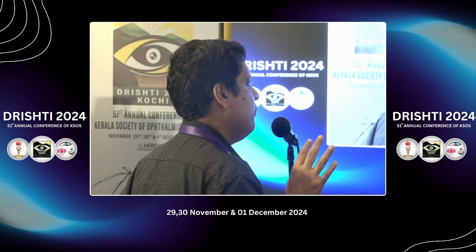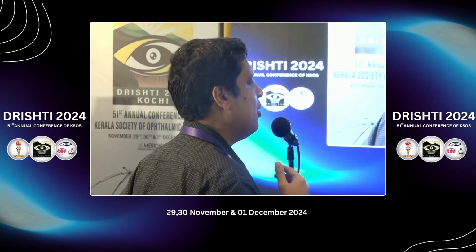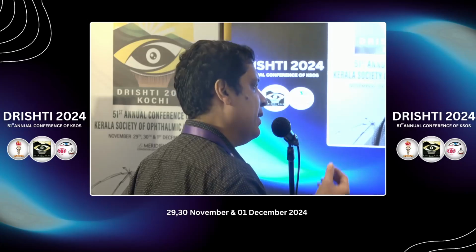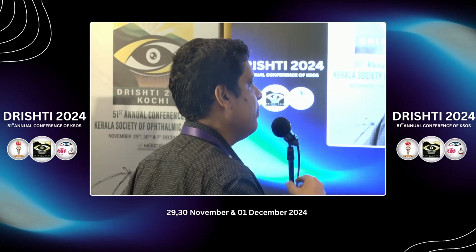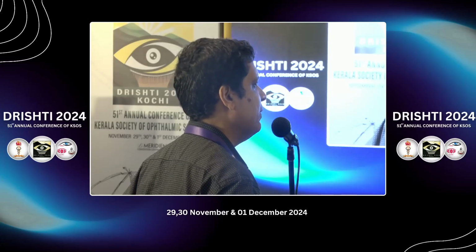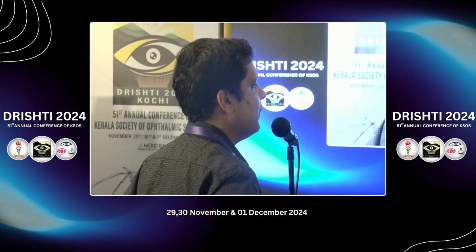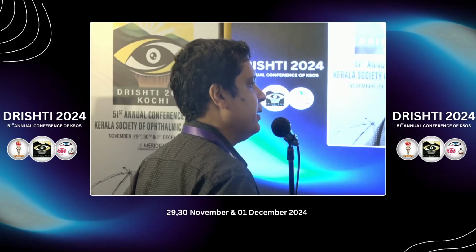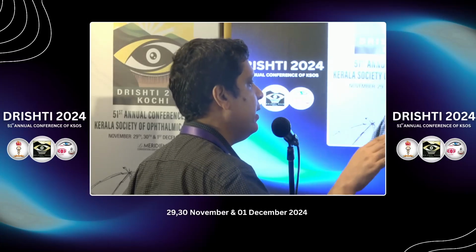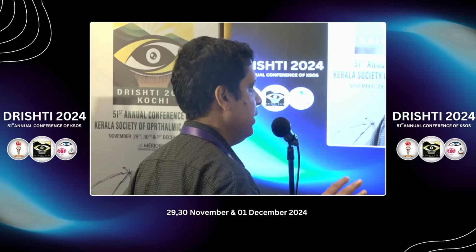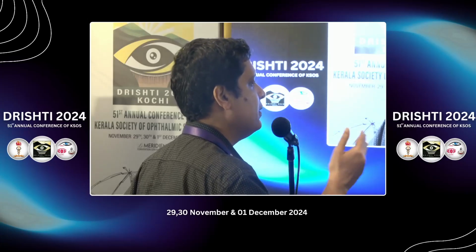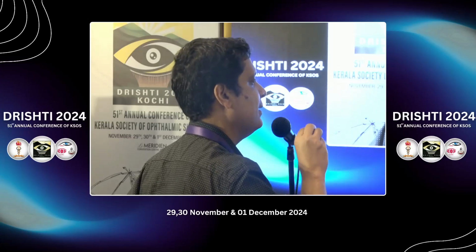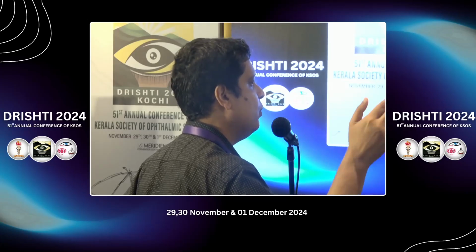So diurnal variation in pressure itself is not being recorded, but it is possible that at slightly higher pressures there might be some difference. But the fact of the matter is, even in ocular hypertensives, who haven't had any damage to the optic nerve as such, right? There is no evidence at this point to suggest that their OCTA vessel density values are lower compared to controls.